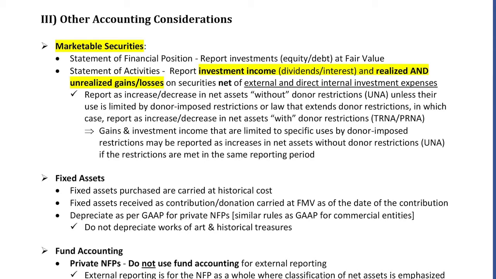And these are reported, circle net of, highlight external and direct internal investment expenses. The next bullet, highlight fixed assets. And remember, highlight do not depreciate works of art and historical treasures.